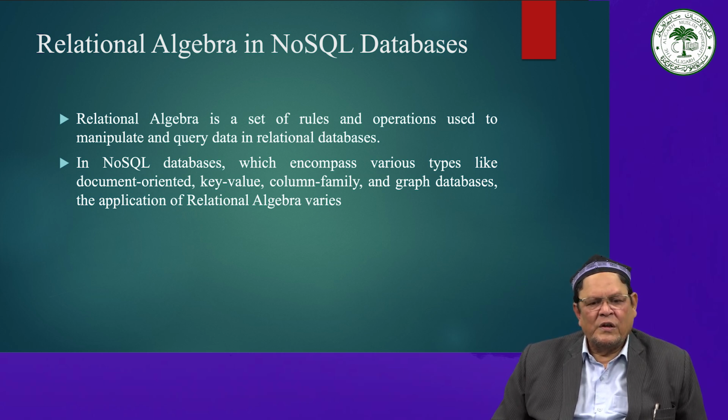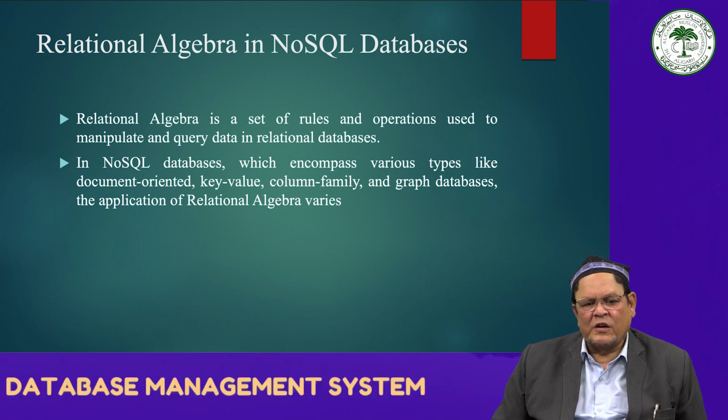For example, if we have a NoSQL database that stores information in documents, kind of like how you might organize files on your computer, we can still use relational algebra to find specific documents or to show only certain parts of them.